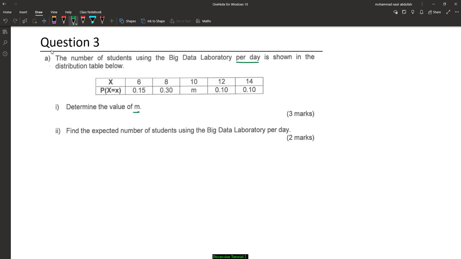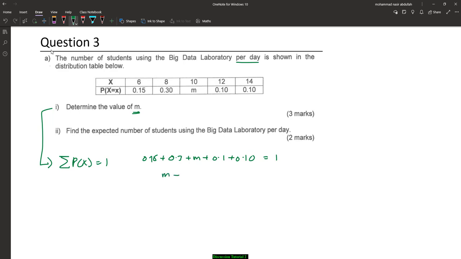So this is a very simple question. They want us to find m. The summation of probability should always equal 1. This is the basic concept of probability. So 0.15 plus 0.3 plus m plus 0.1 plus 0.1 is equal to 1.